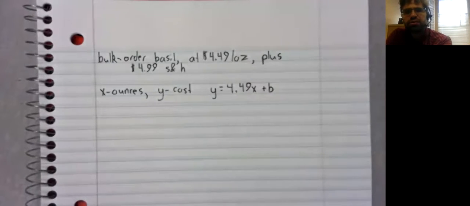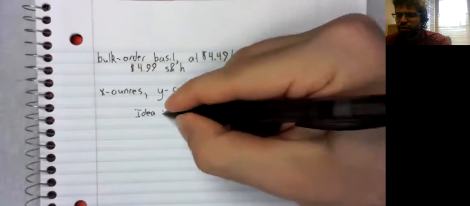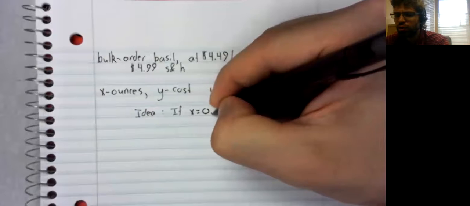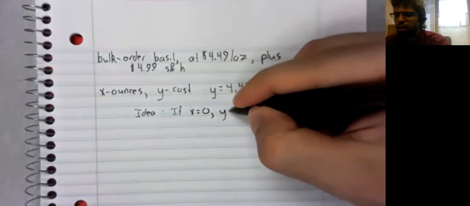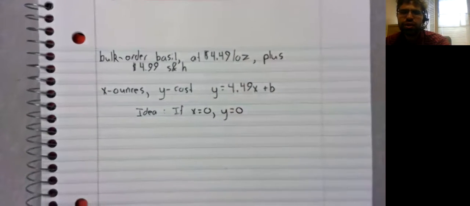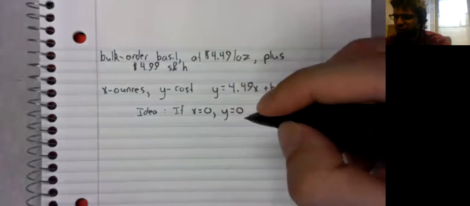And what makes this awkward is that asking what is y if x equals 0 could lead you astray here. Because if x equals 0, you are not ordering spices. So your intuition is probably that y equals 0.